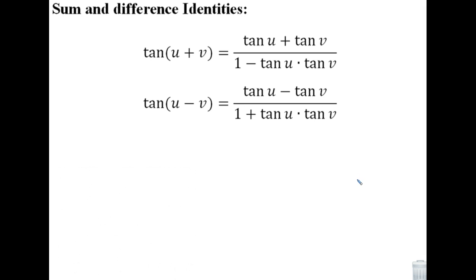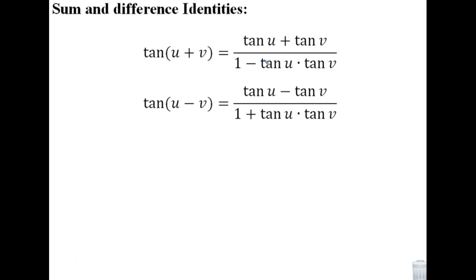Today we're also going to look at the sum and difference identities for the tangent function. And there's two of those, one for the sum, one for the difference. And notice these two identities are the same thing except for where the positive and negative symbols fall. With a sum identity, we have a plus on the top, minus on the bottom. And then with the difference identity, it's minus on top, plus on bottom.